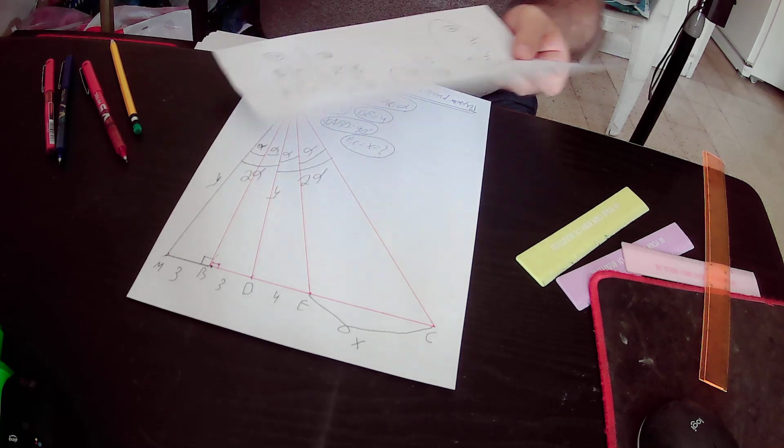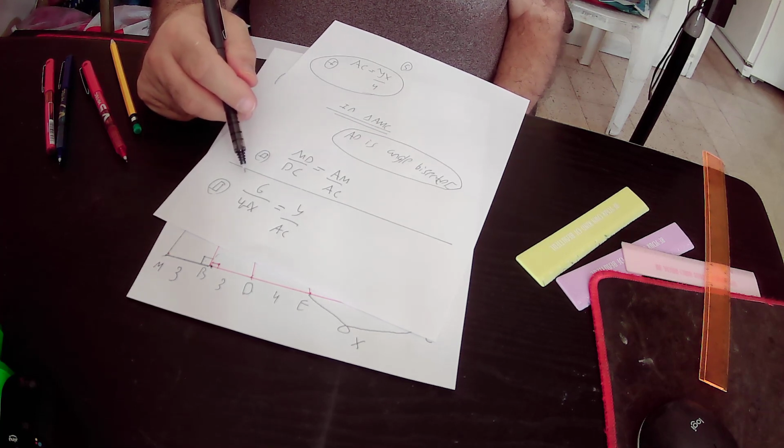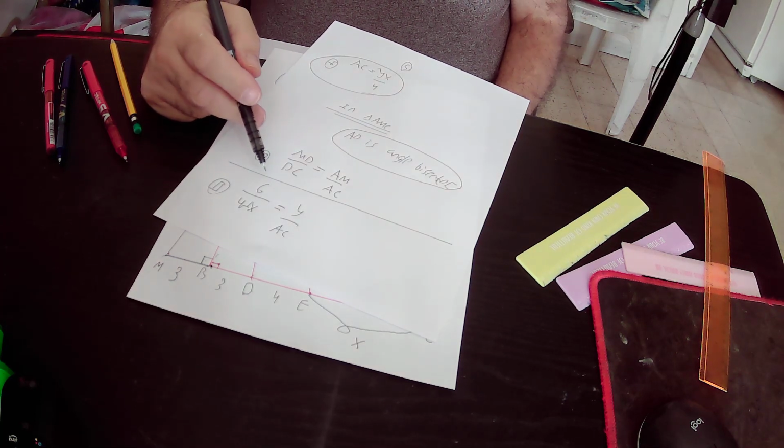Okay, so we got equation number 2 that says 6 over 4 plus X equals Y over AC.